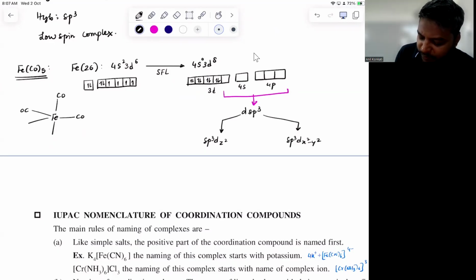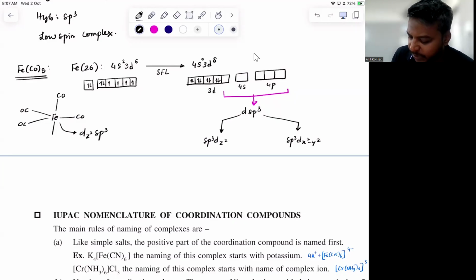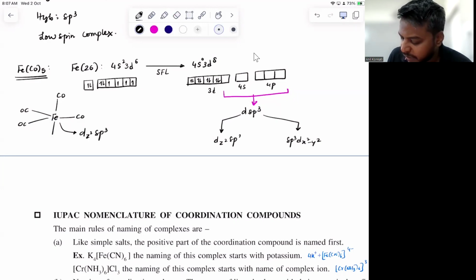First, it could make this type of geometry, which is trigonal bipyramidal. And trigonal bipyramidal is typically formed when the hybridization is dz square and sp3. Let me rewrite that here so that there is no confusion. Because it is the inner orbital, I have to use that d first and sp3 next.